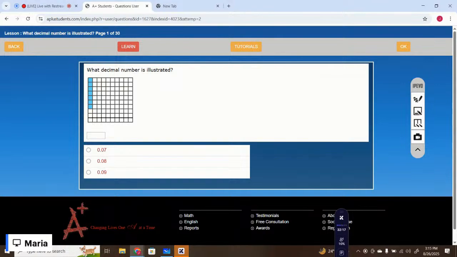Yes, that is 0.07 because out of the 100 only 7 of them are colored.